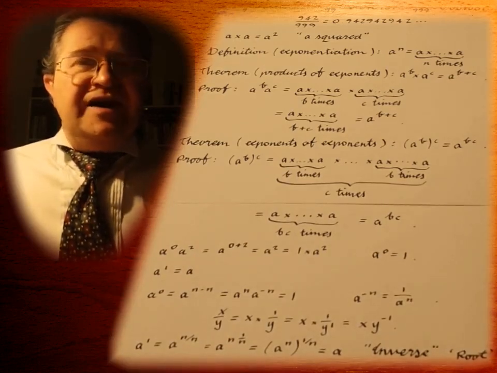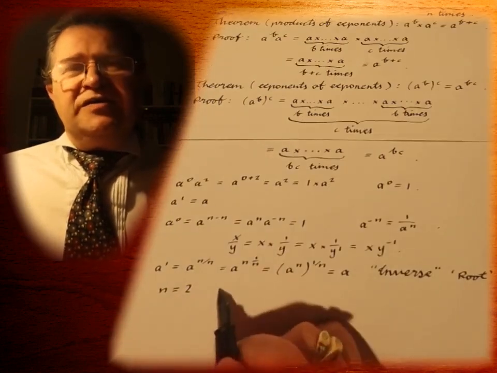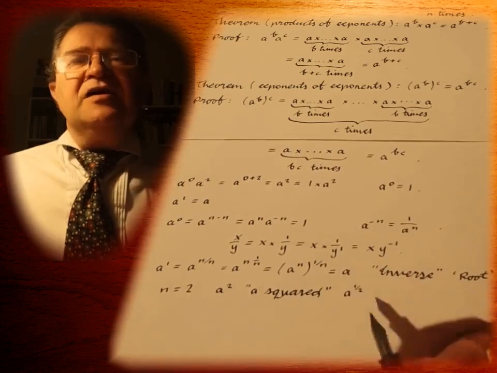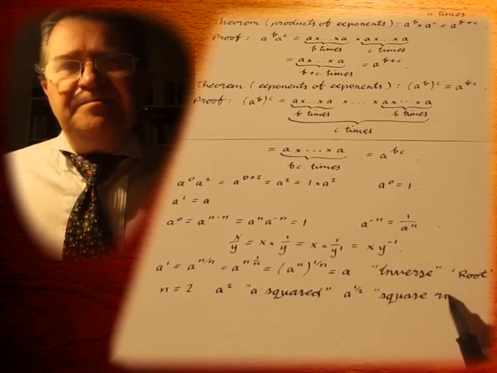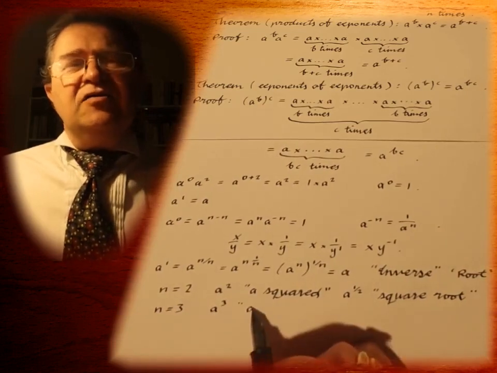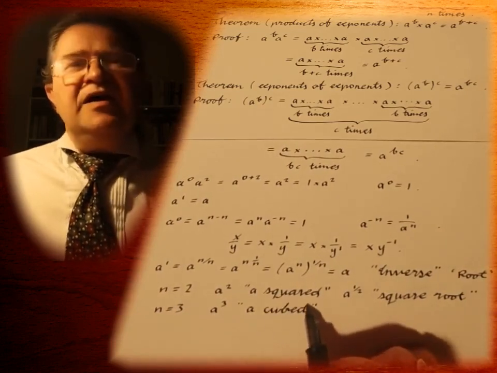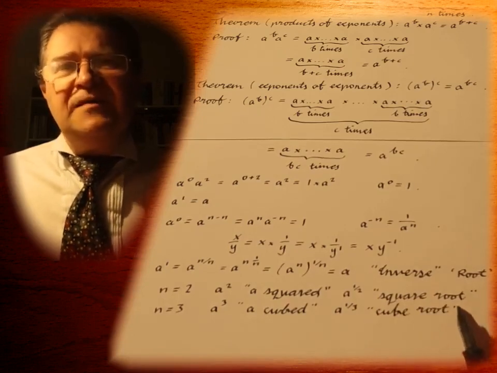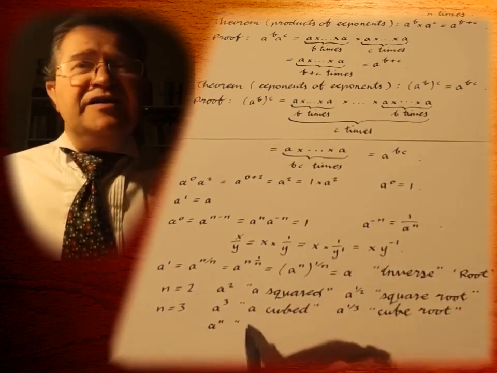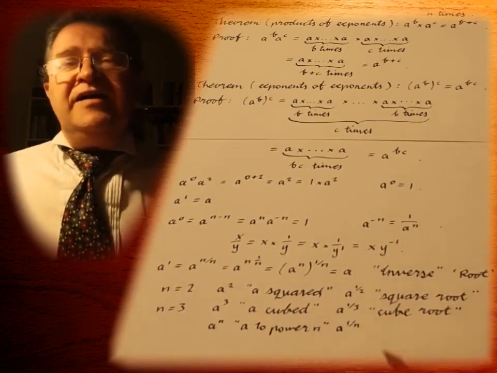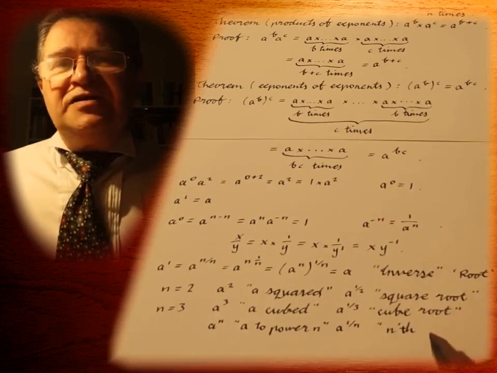In the special case that n equals 2, a to the 2 is called squaring, it's a squared, and a to the half is called taking the square root of a. Likewise, when n equals 3, a to the 3 is called cubing, it's a cubed, and a to the 1/3 is called taking the cube root. Generally speaking, a to the n is raising a to the power of n, and a to the 1 over n is taking the nth root of a.